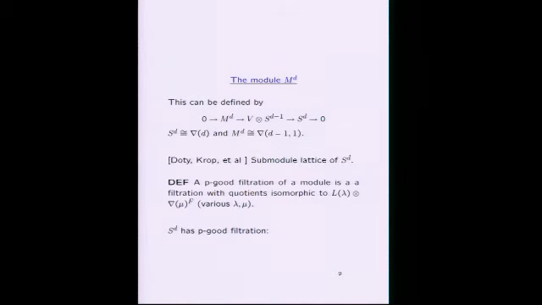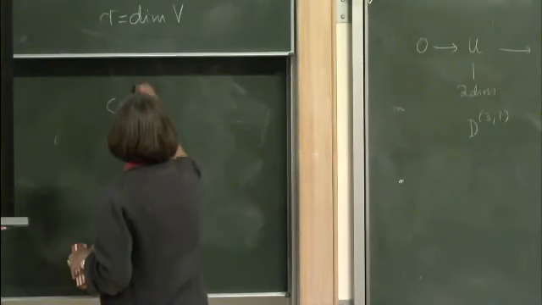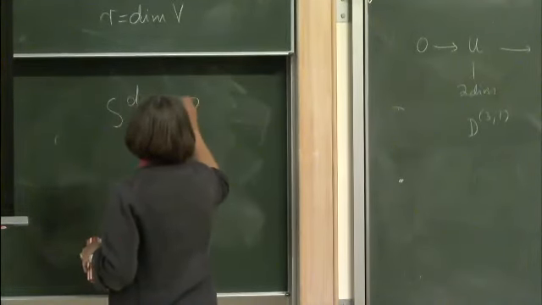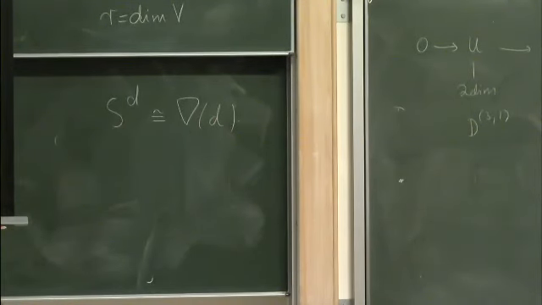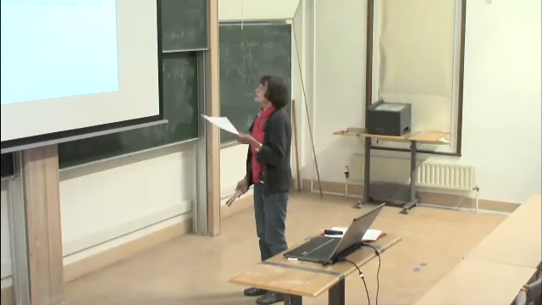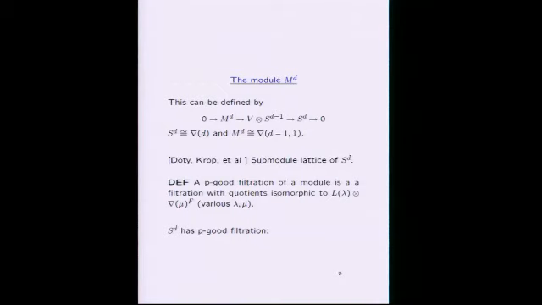Take S^D. So S^D of V is just the dual Weyl module labeled by partition D. And so you have the S^D Weyl module there and some tensor product of two Weyl modules in the middle, and therefore the kernel must again be a dual Weyl module.